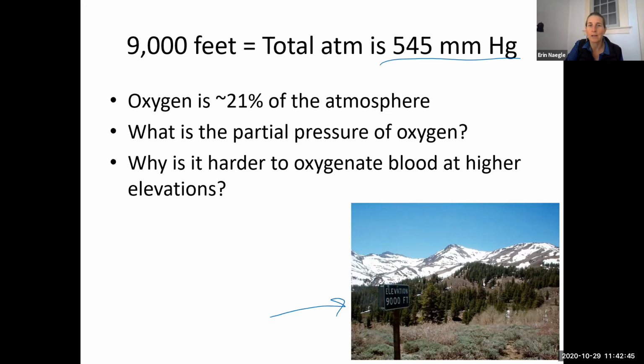So what's the partial pressure of oxygen there? How would you calculate it? And then why is it harder to breathe at higher elevations? Why do you walk a little bit and you're breathing much harder than you would if you were walking a little bit down here in the foothills? Guess what this is? Zoom room time. All right, talk to you there.